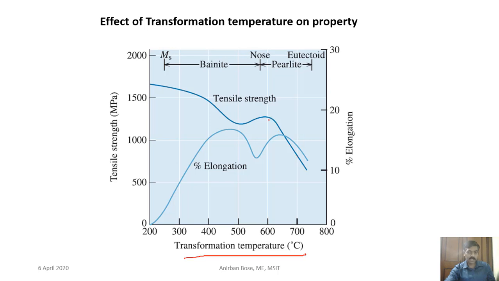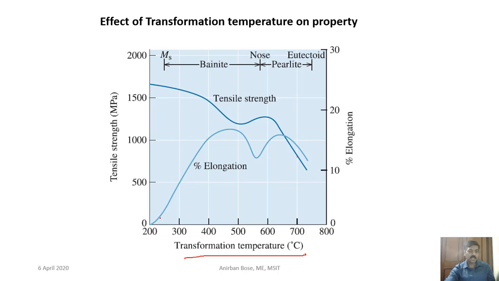Okay, the pearlitic structures are relatively softer structures, tensile strength is less. But gradually if you reduce below 500 maybe, you will see the bainitic structure will form. And in the bainitic structure, you see the strength is very high. Okay, those are hard materials. In the martensite, finally you will find that it is a very, very hard material, high strength material.